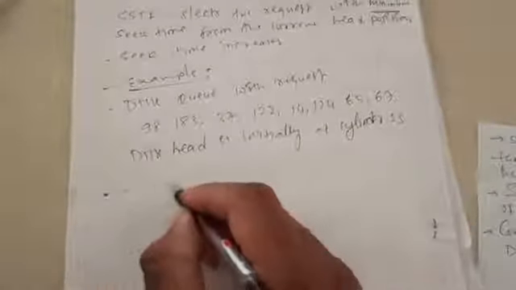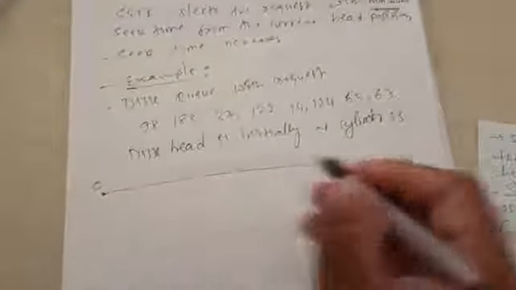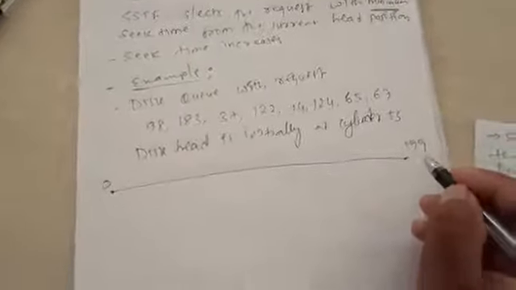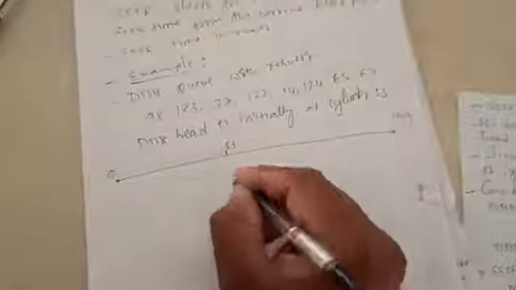So now take a diagram. We will consider the sequence of cylinder numbers, that is 0 to 199. We number the cylinders, then we start. Where is the head pointing here? It is pointing to 53.